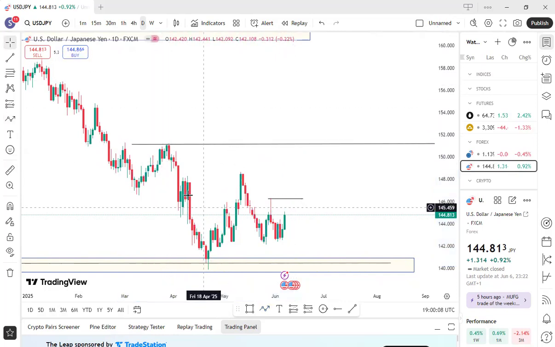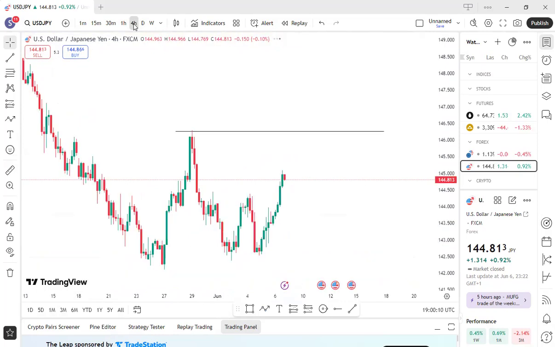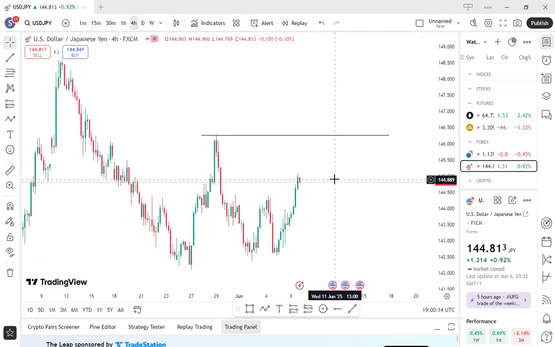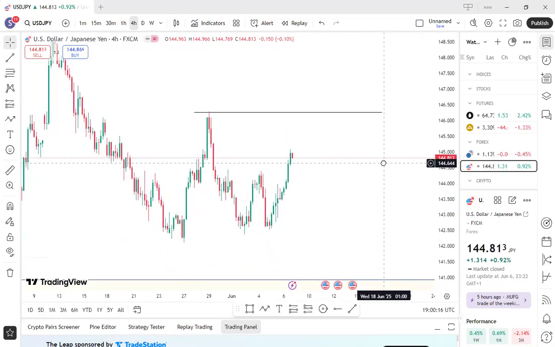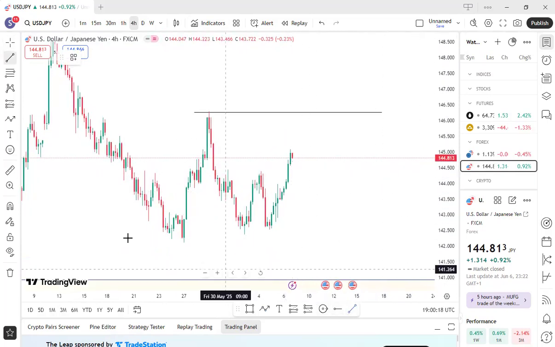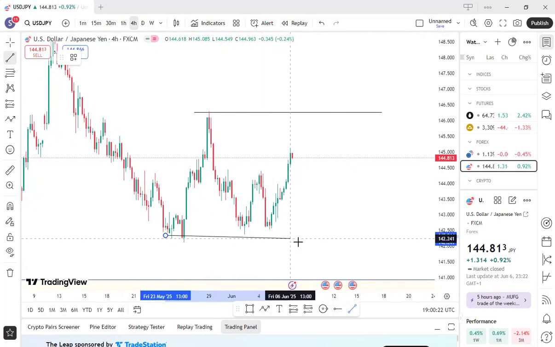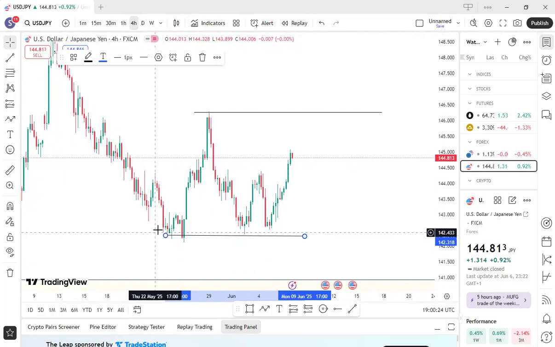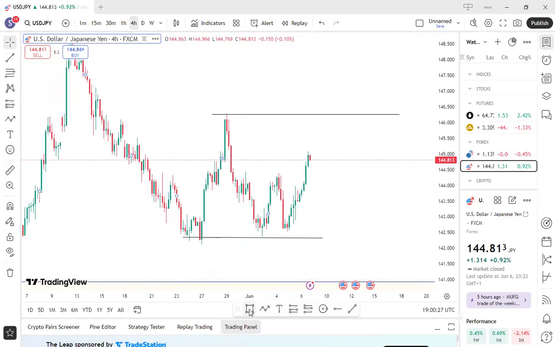So on the USD, if we go down to the 4 hours time frame, you can see it very clearly, telling us that price is on an uptrend, giving us a retracement at this particular zone.